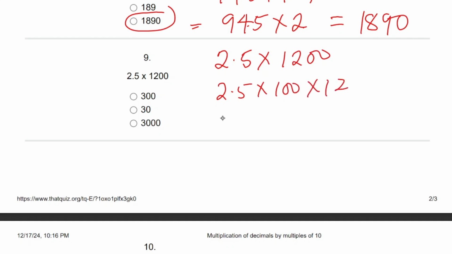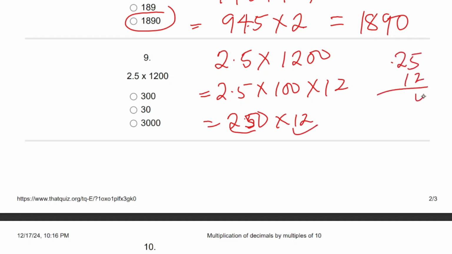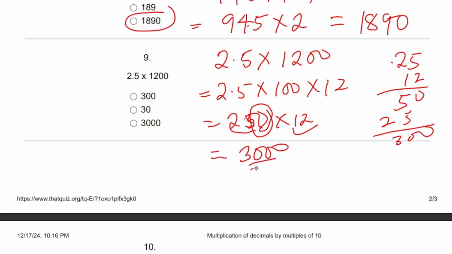So 2.5 times 100 is 250, then times 12. So we multiply 25 by 12. This gives 0, 5, 5, 2. So that gives 300. Then add one zero to have it. That's going to give 3,000. And the option is this.